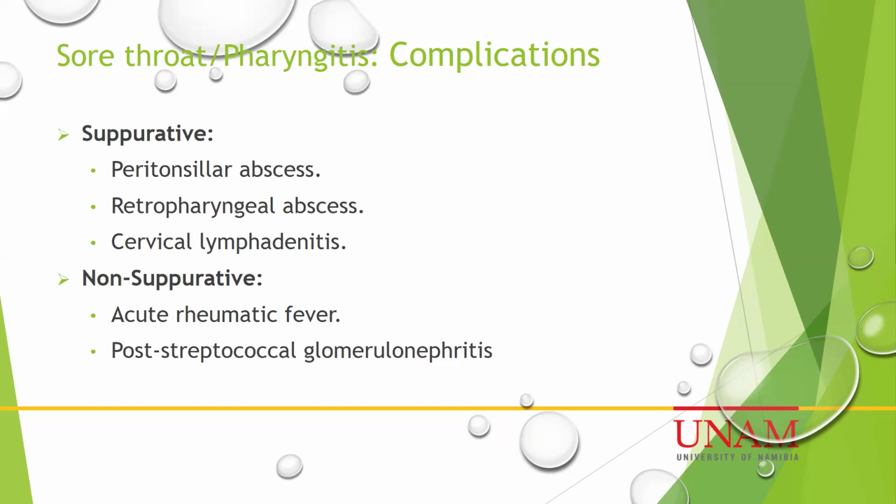The non-suppurative: acute rheumatic fever, post-streptococcal glomerulonephritis. So the sore throat may look innocent, but if not treated and complications arise, you could have some of these terrible complications I've enumerated here.